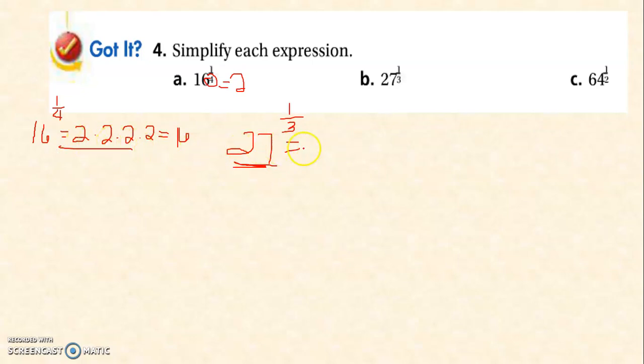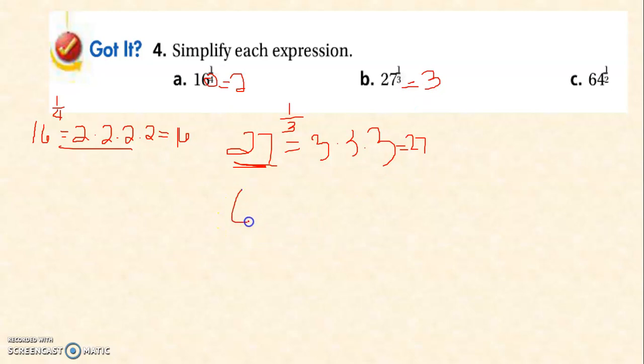No, that is wrong. How about 3? Let us try. 3 times 3, 9. Times 3, 27. Therefore, 27 raised to 1/3 is equal to 3.